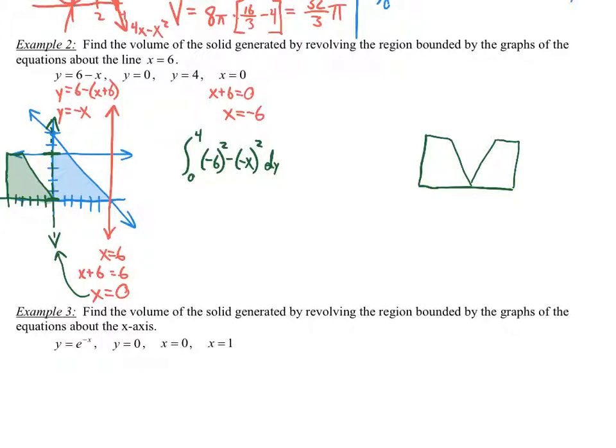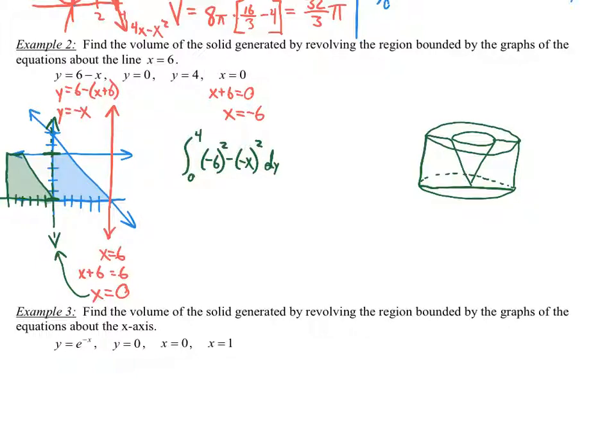So it's going to look kind of like this, just a cylinder with a cone cut out of the center. That's what that's going to look like as a three-dimensional object.